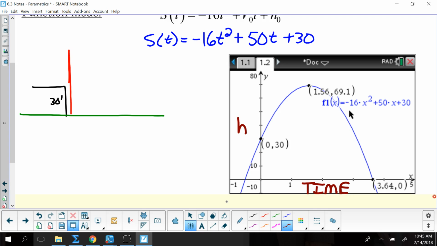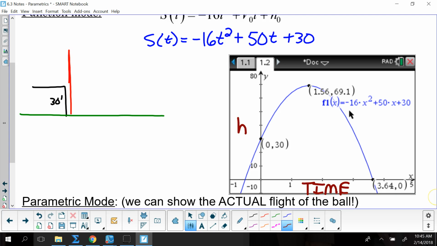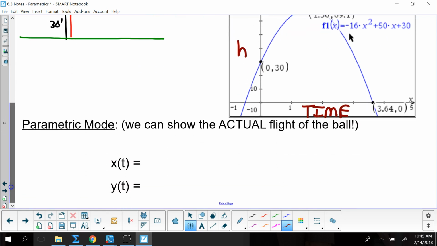So that's not the true path of my ball, because I'm throwing it straight up, and it's going to come straight back down. So in like 1.5 seconds, I better pull my hand back, because otherwise it's going to hit my hand. All right? So we can use parametric equations to model the actual flight of the ball.